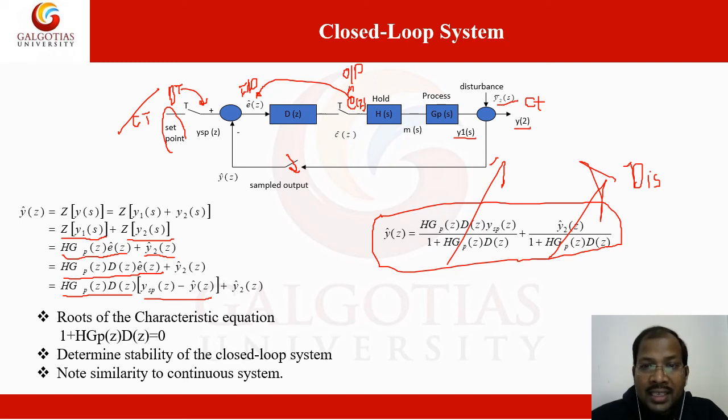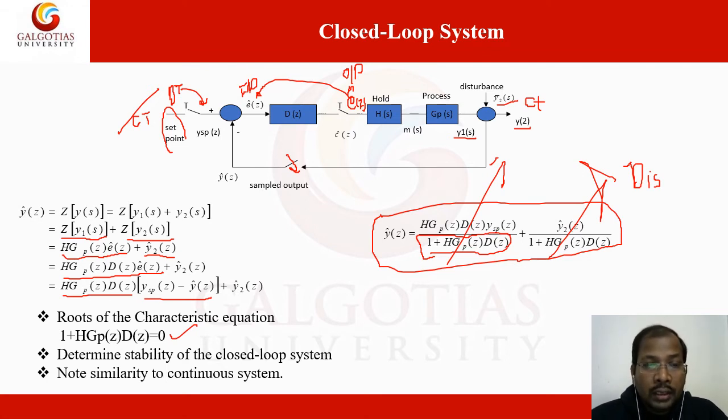Here you can see the roots of this plant. We can find the characteristic equation, which is 1 plus HGP(Z) into D(Z) equal to 0. Based on these roots or poles, we can determine the stability of this closed loop system.